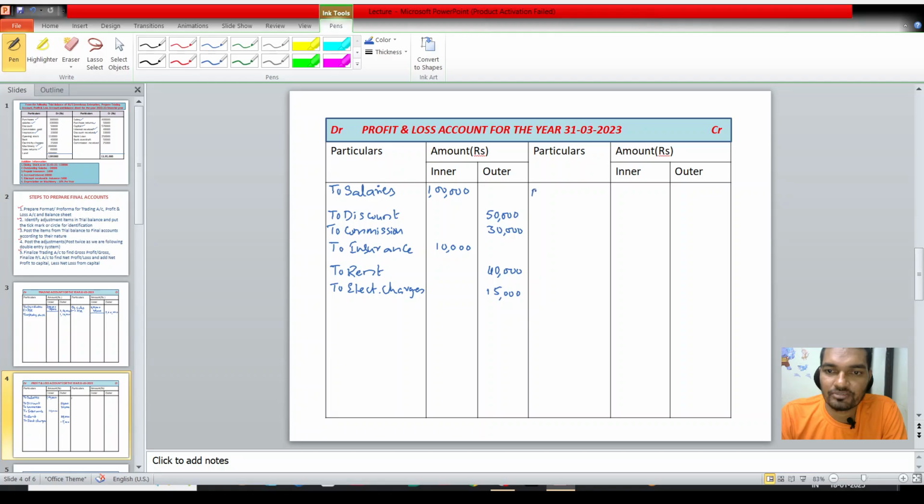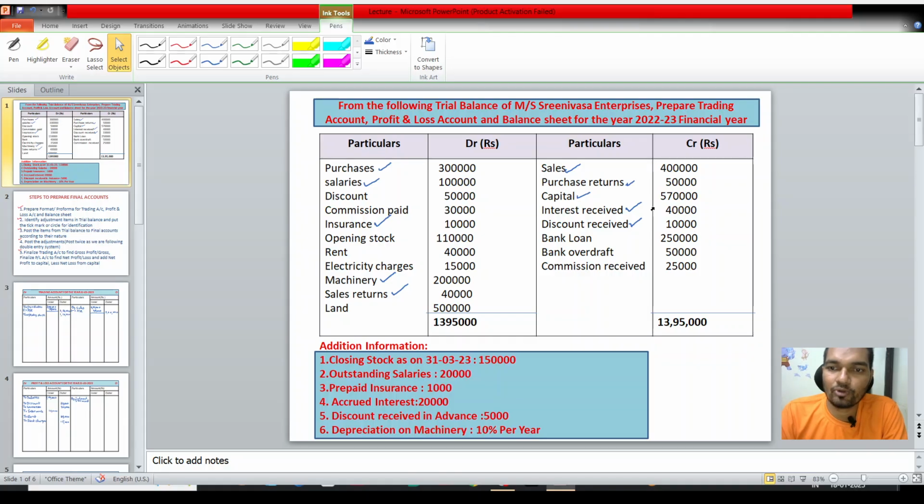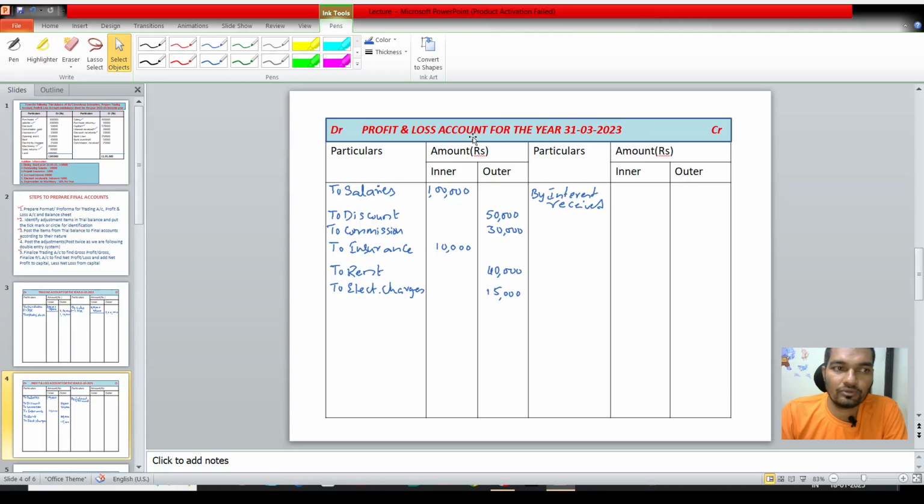So there is an adjustment for interest received. The amount of interest received is 40,000 rupees. So 40,000 rupees we have to show the inner column.